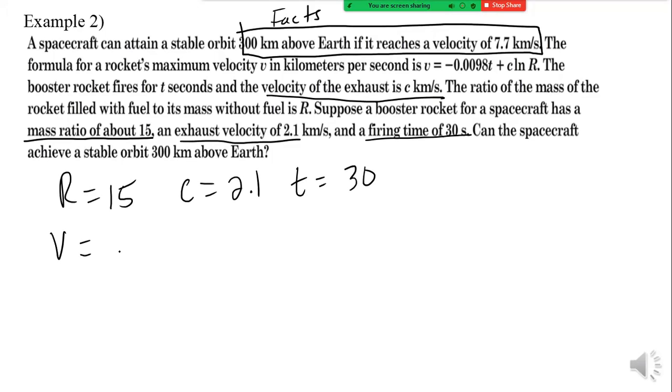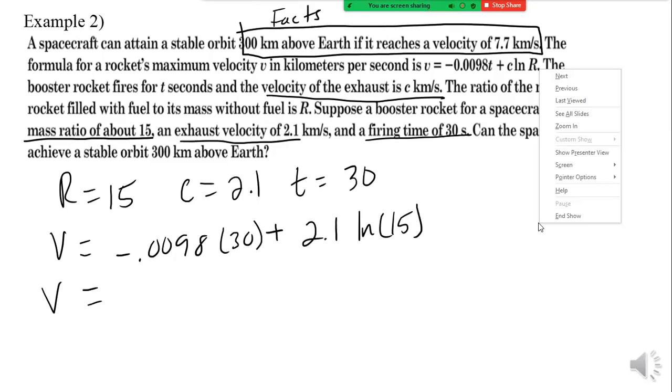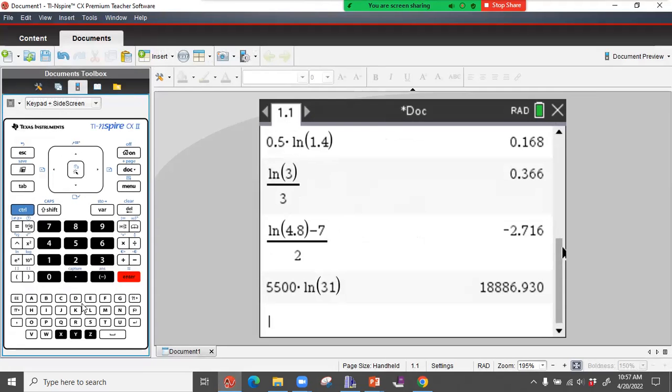Plug them in. So we have V equals negative 0.0098 times 30 plus 2.1 natural log of 15. And what do I do with that? Plug it in. So I'm going to go to the handy dandy calculator. So we have negative 98, what is it after this? 30.